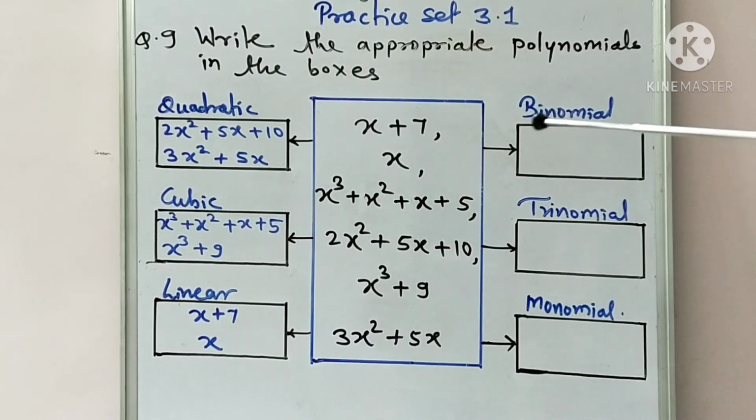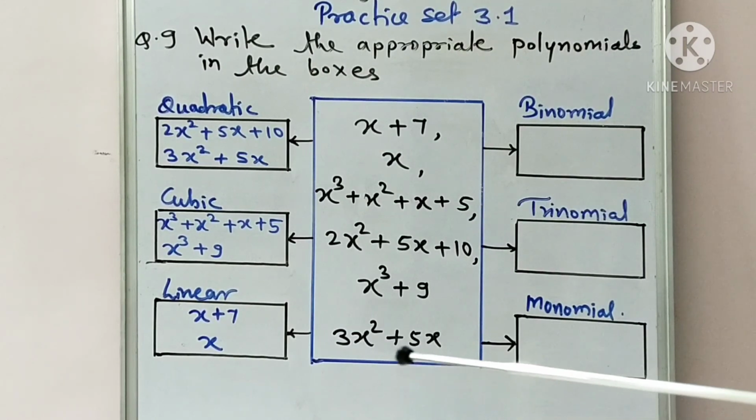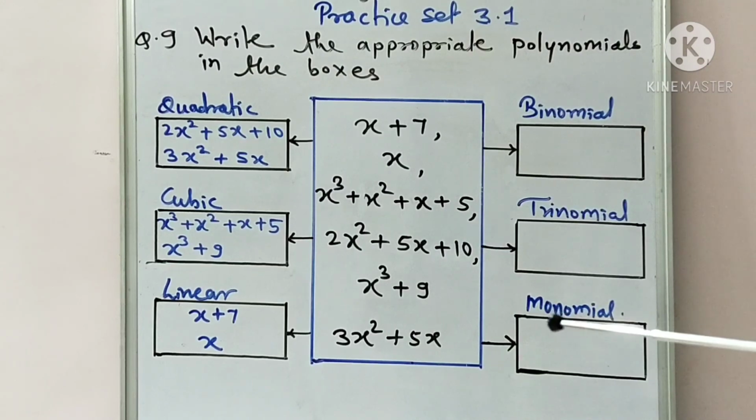If two terms are there, it's binomial. If three terms are there, it's trinomial, and if only one term is there, it's monomial. So from these 6 polynomials, now classify these in these 3 types. Okay, so do try it students.